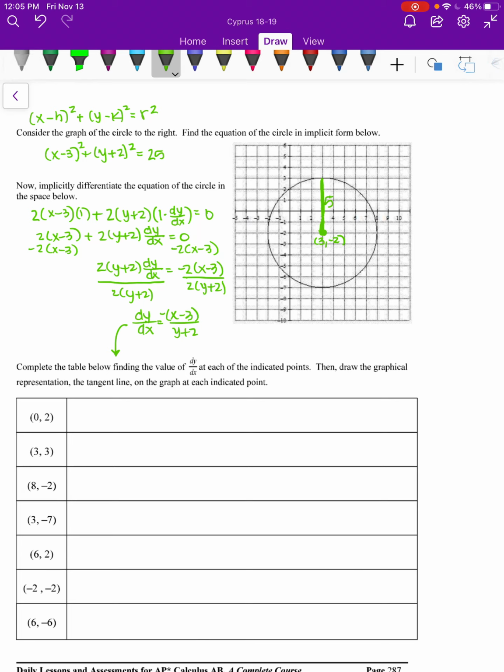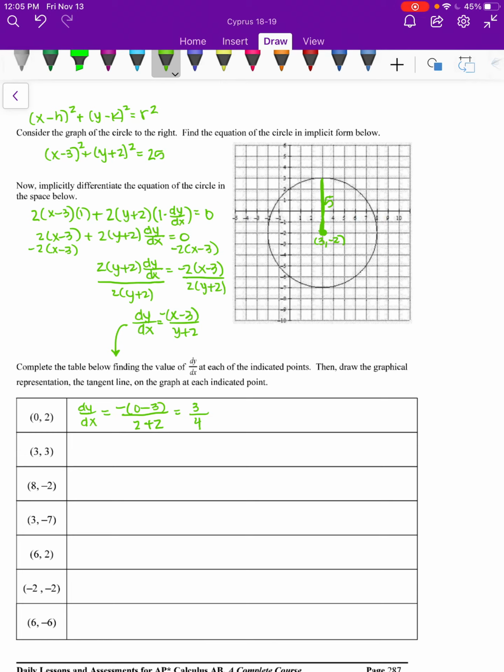So if I'm looking at (0, 2) as the point, then dy/dx would equal negative (0 - 3) over (2 + 2), which is 3/4. Okay. So I took (0, 2) and plugged it into dy/dx from above.